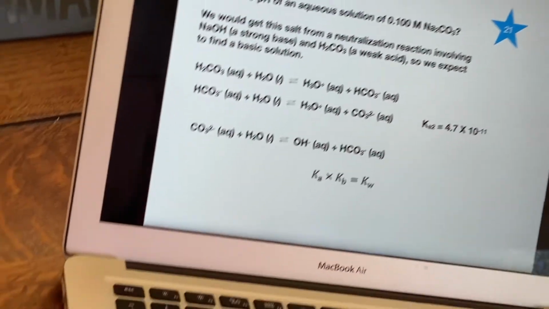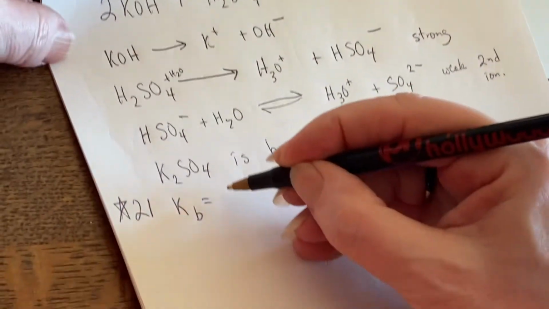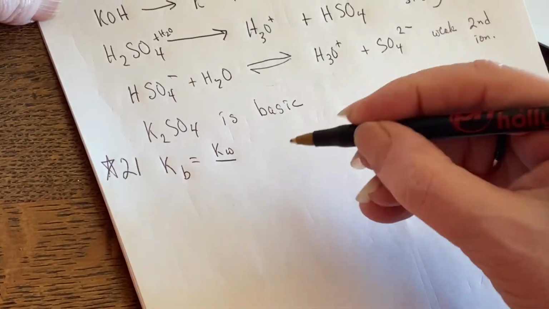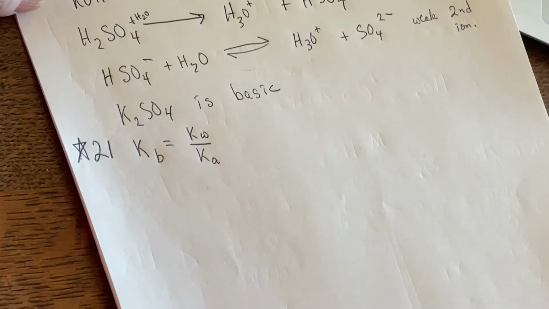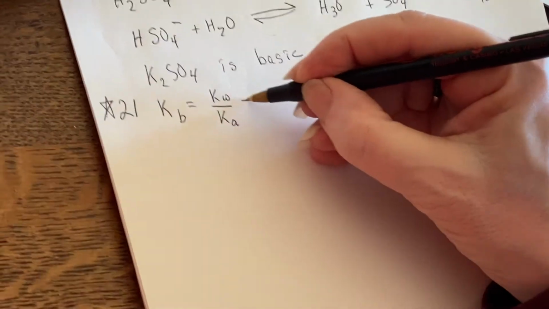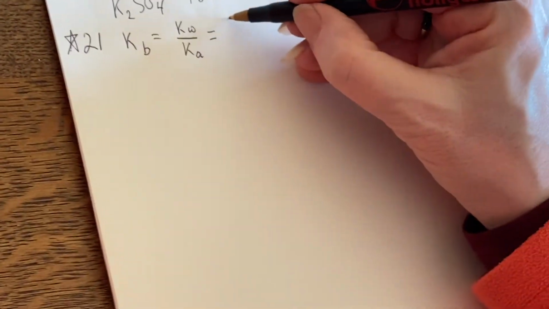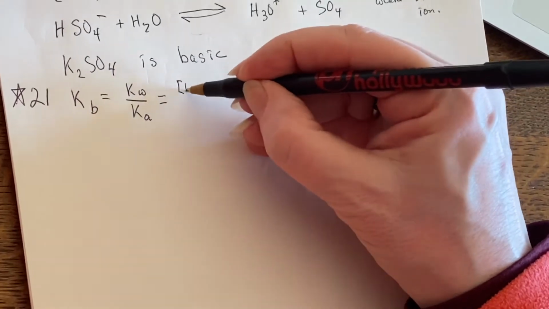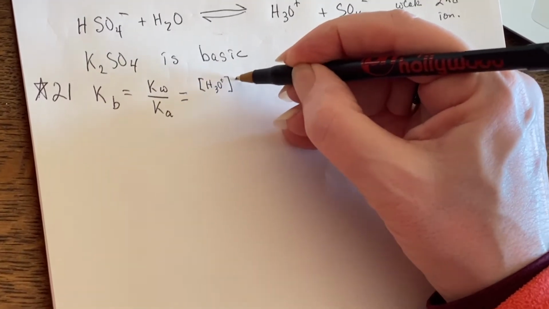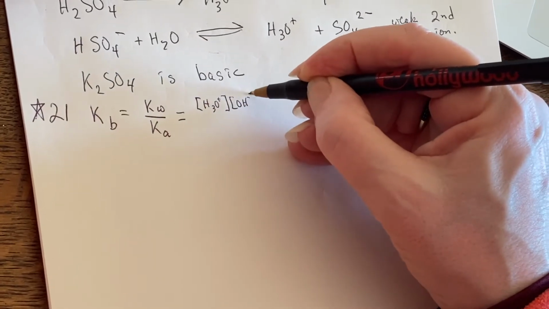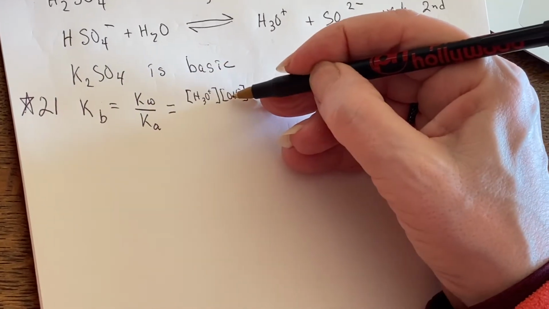Well, Kb then is going to be Kw divided by Ka. Now, I might want something to make me believe that is true. If I think about it, Kw, I already had a definition, was the hydronium ion and the hydroxide ion. That was our definition of Kw.